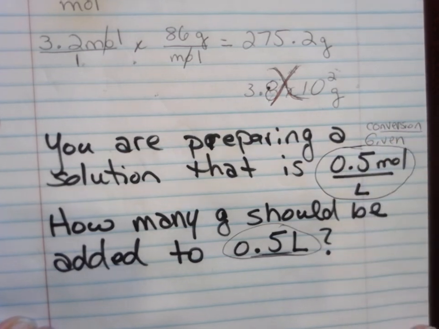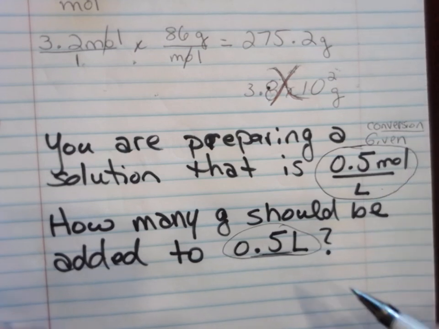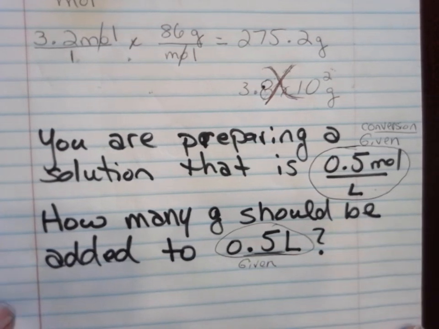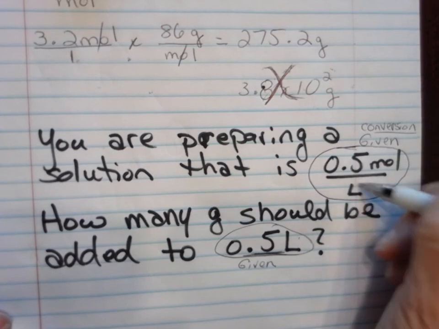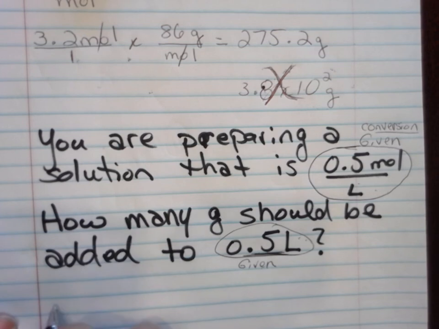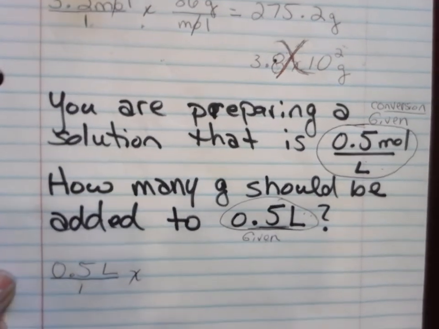We can look at it like a conversion factor. It's the desired molarity that we need. Even though both of these are given to us, this is what we're going to start out with, 0.5 liters. We're going to put it over 1.